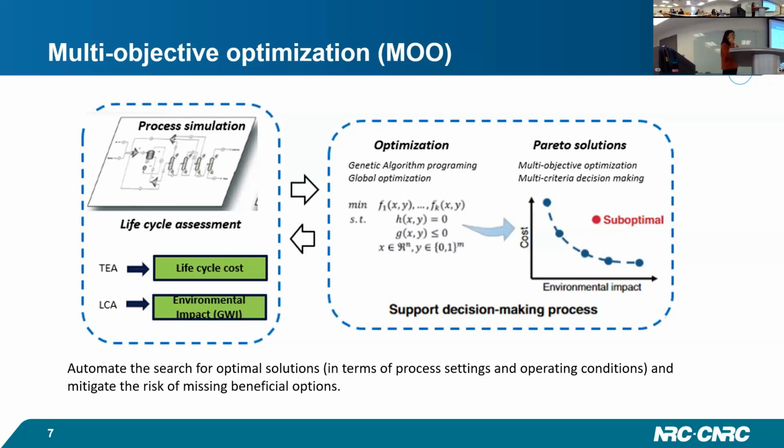And if you consider more objectives, for example, land use or the toxicity and contamination of this process, you have trade-offs between objectives.